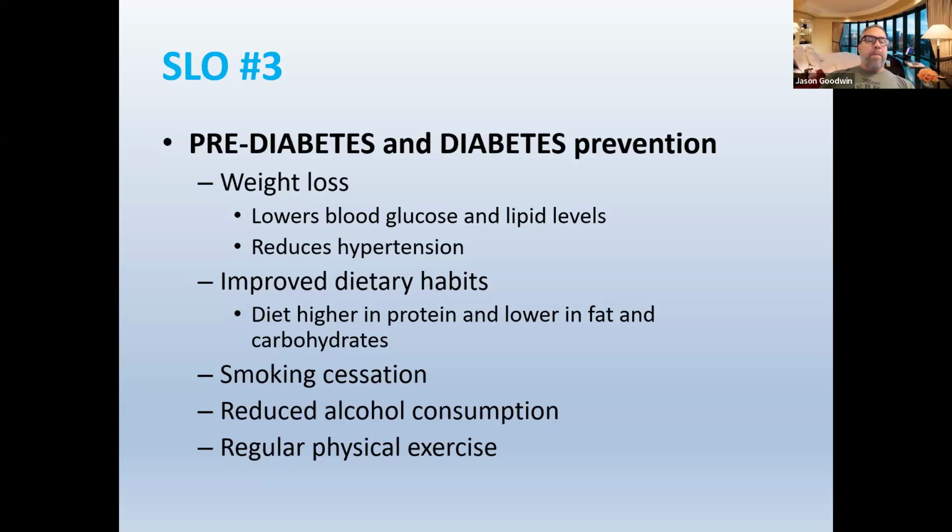So improved dietary habits are huge. And the best way to do that is to watch your carbohydrates. Okay. There's some new information that says that fats aren't as terrible as we like to think they are, but ultimately, the most efficient meal that you can have is protein based food, right?